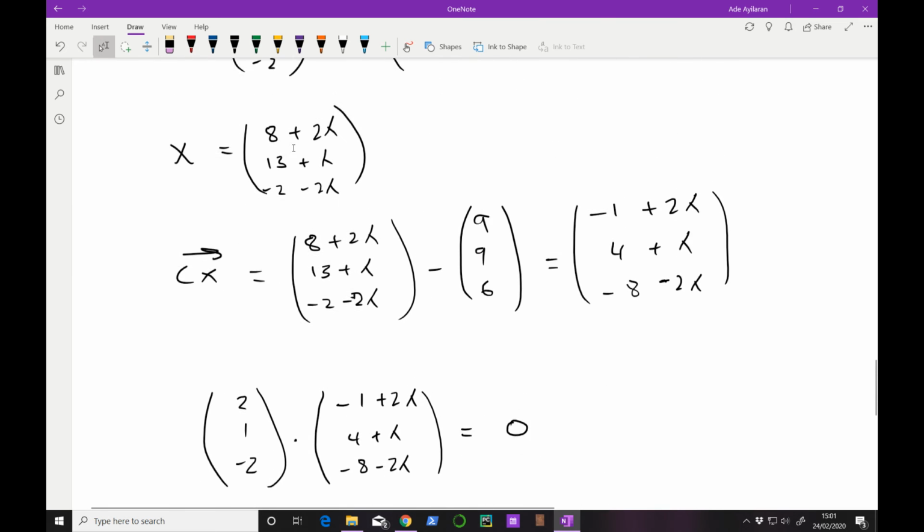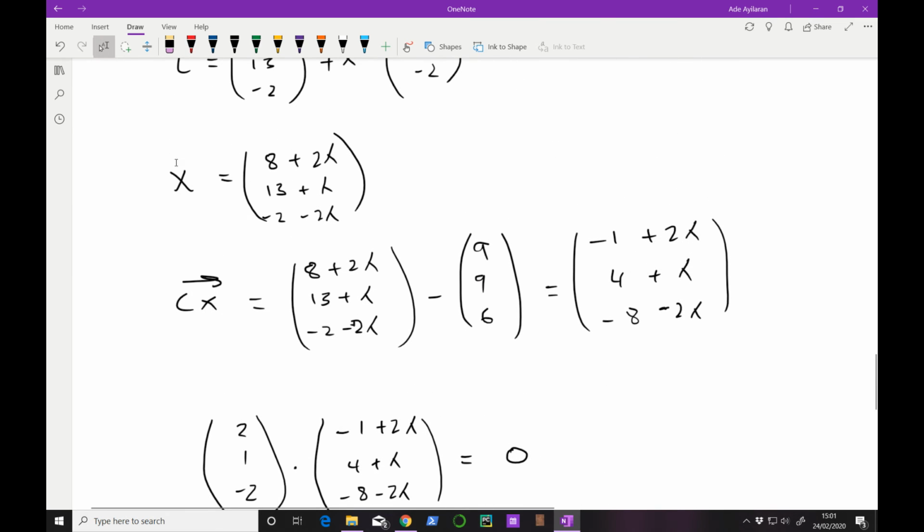Okay. So I'm going to rewrite this x position vector and this vector CX with lambda equals minus 2. So if lambda equals minus 2, then my position vector is going to be 4, 11, 2.